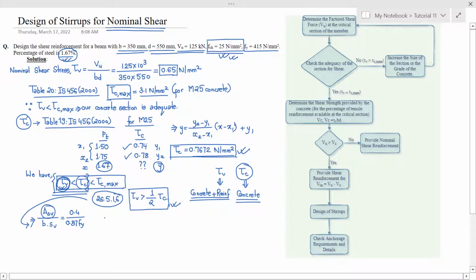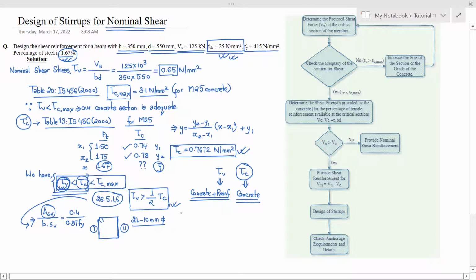Let us suppose that we are using vertical stirrups of this nature. That means there are two-legged vertical stirrups. This is one leg and this is two legs. So let us suppose that we are using two-legged, represented as 2L vertical stirrups of 10 mm dia. So these two legs are involved in resisting the shear forces.